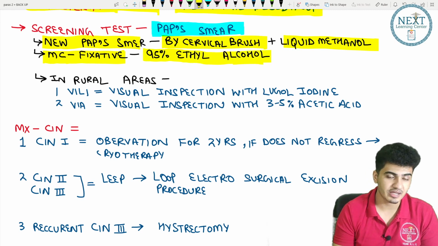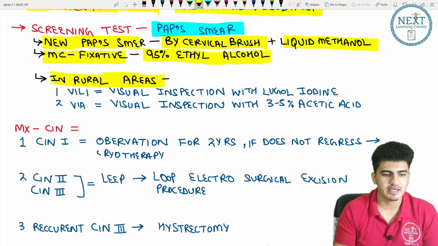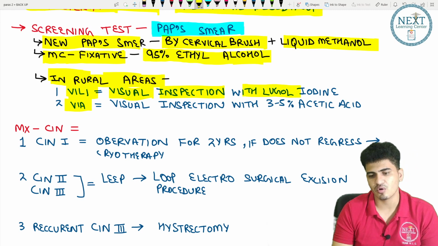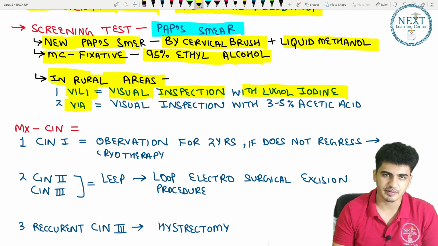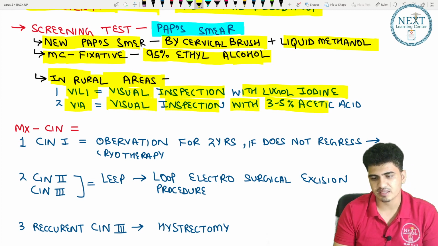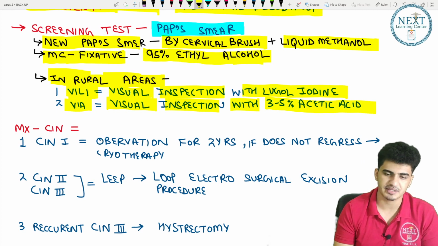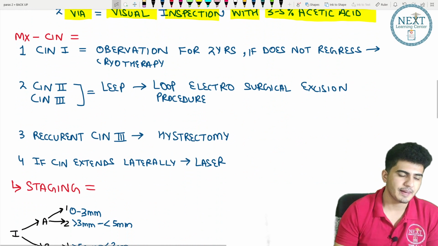In rural areas, techniques used are VILI and VIA. VILI stands for visual inspection with Lugol iodine. VIA stands for visual inspection with 3 to 5% acetic acid.